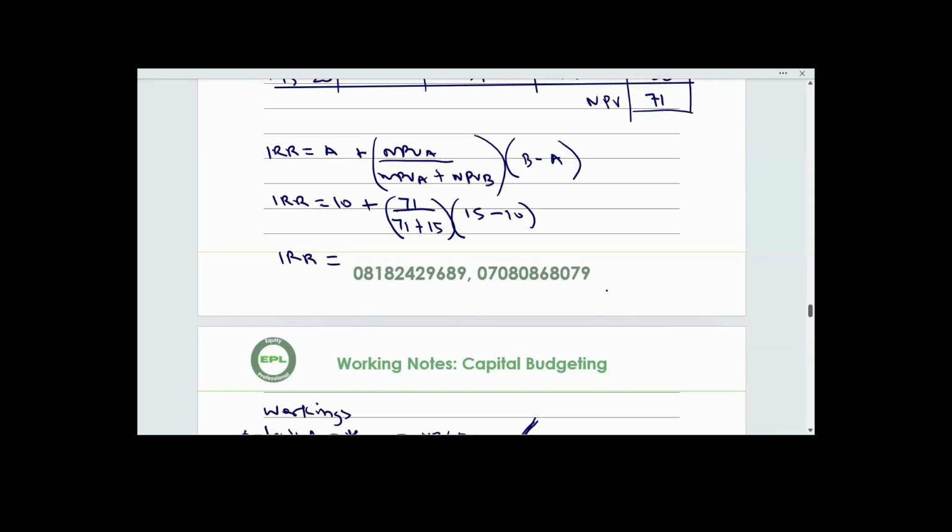Here is 14.13%, which is approximately 14%, which is consistent with the NPV.